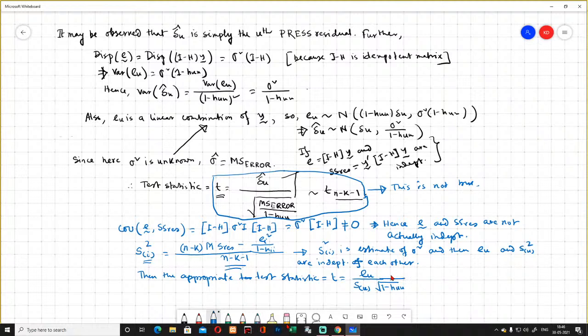Okay, and this follows a non-central T distribution with degrees of freedom n − k − 1, and let lambda be the non-centrality parameter.